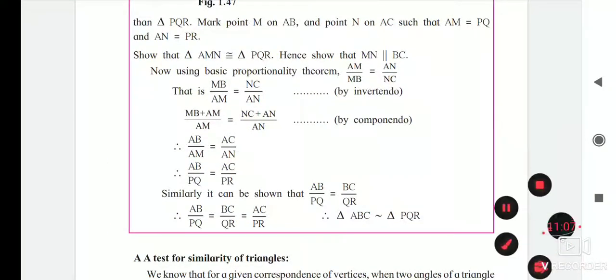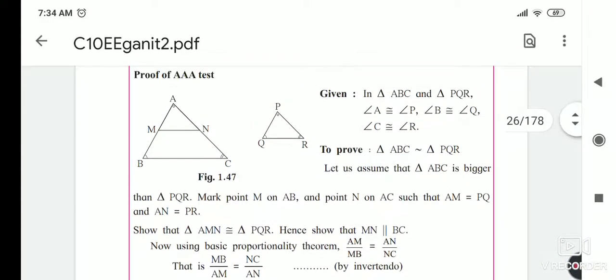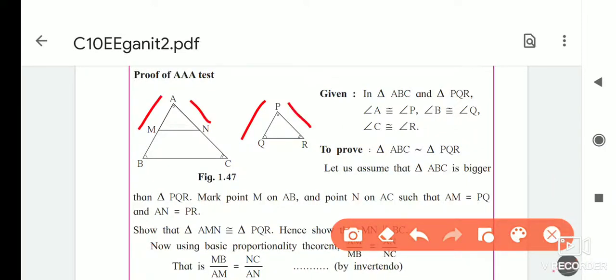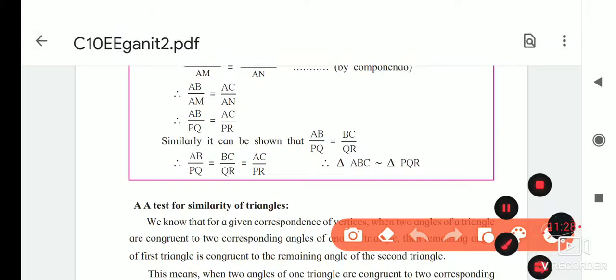Now what is the measure of AM? The measure of AM is equal to PQ and AN is equal to PR. So replace AM with PQ and AN with PR, and then you will get AB upon PQ is equal to AC upon PR.